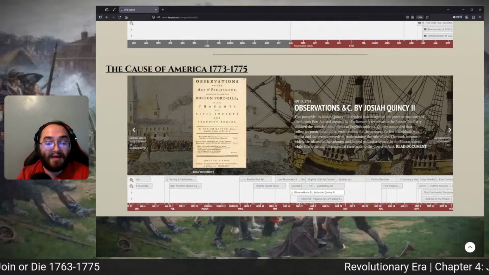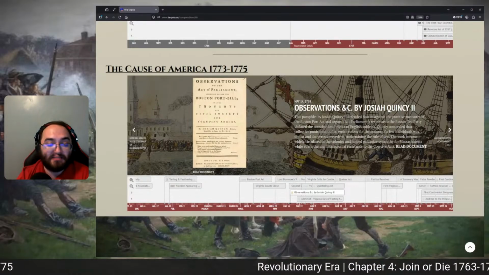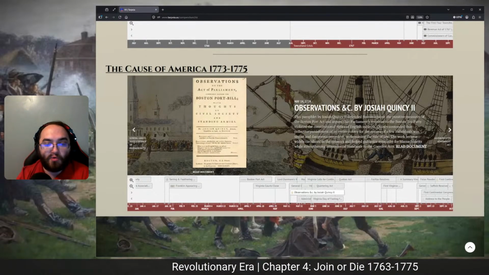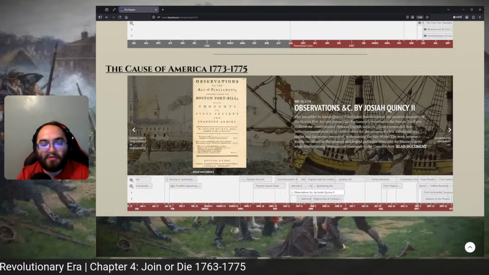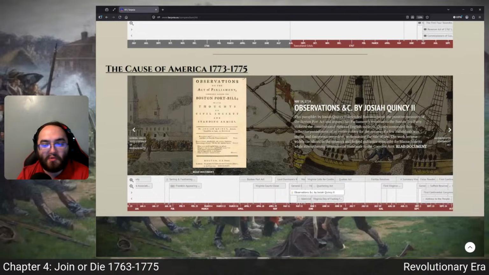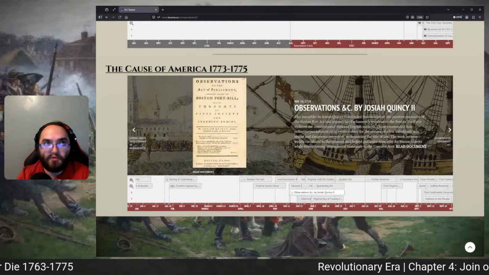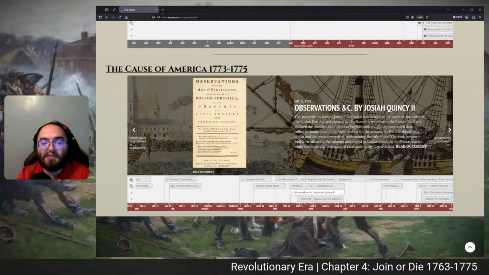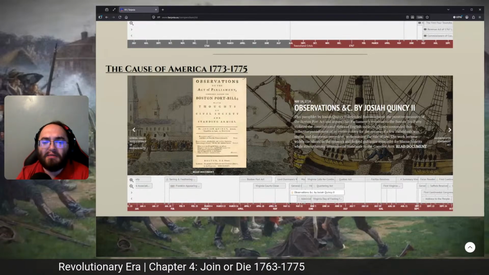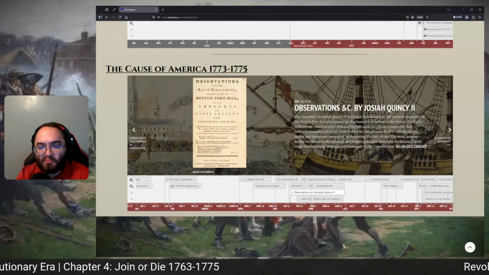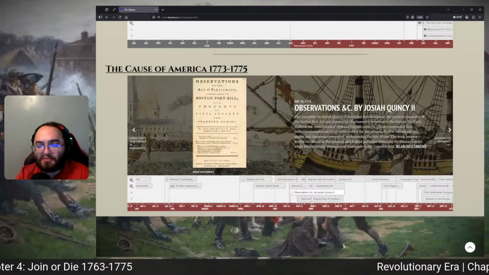In fact, John Adams names one of his sons John Quincy Adams, most likely after this guy, if not John Quincy the First, then John Quincy the Second. At least that's a coincidence that I saw. So, we'll see if that's actually true.